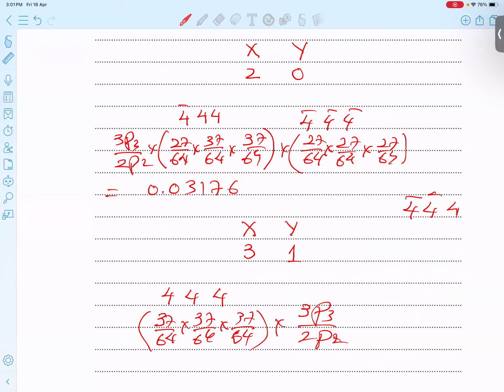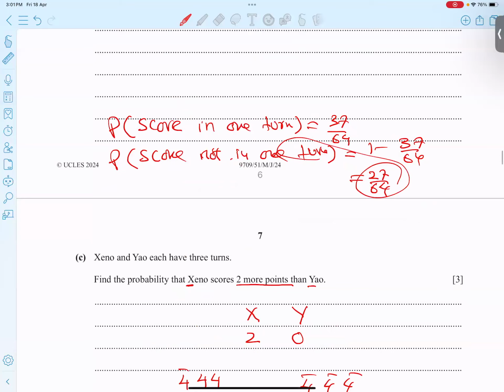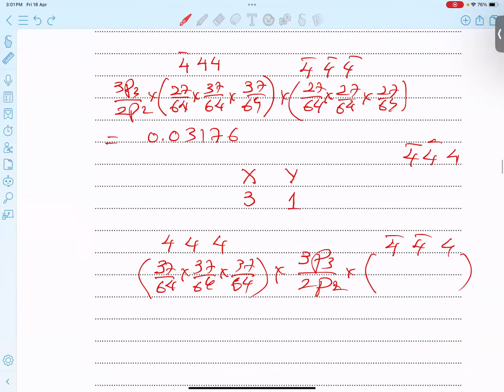Now I talk about his turns. Not 4, not 4, and 4 to get a score of 1. And this answer turns out to be: not 4 score is 27 over 64, 27 over 64 into 27 over 64 into 37 over 64.